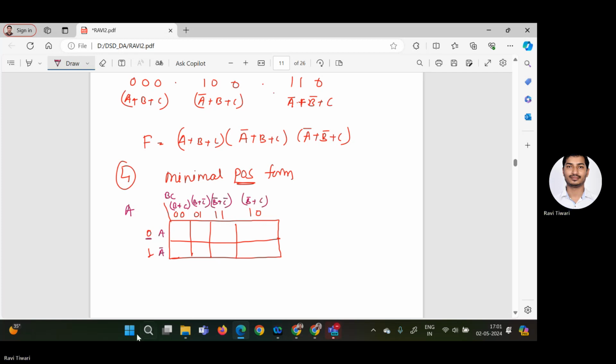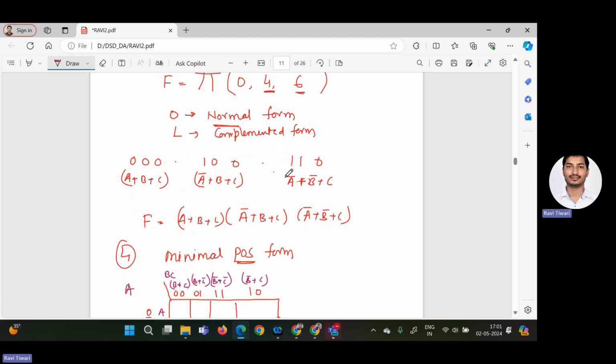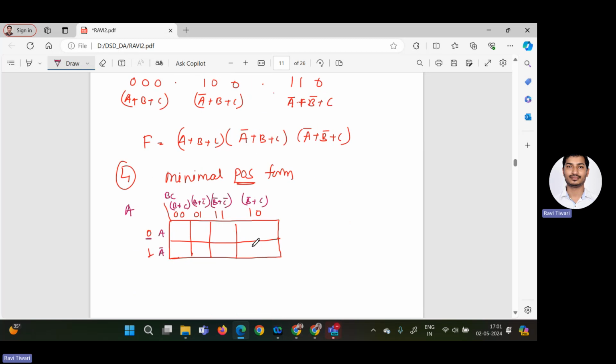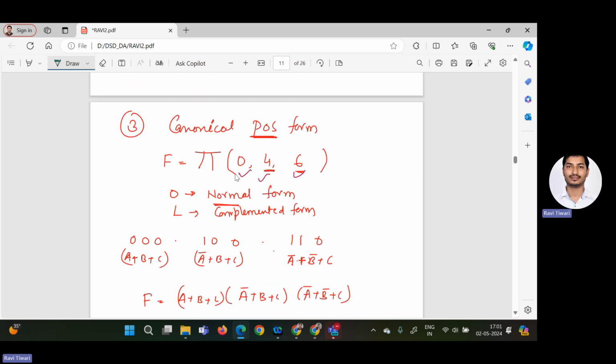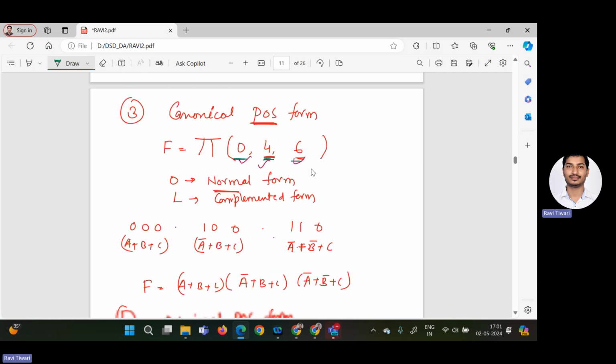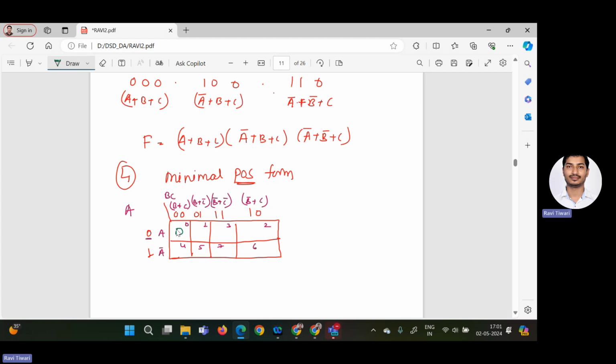Now, wherever your POS terms were, like in 0, 4, and 6, you fill it by 0. So here I'm writing 0, this is 1, this is 3, this is 2, this is 4, 5, 7, 6. Now you have to fill this K map with 0 wherever your function value is 0. That is 0, 4, and 6. Now you make the groups here.